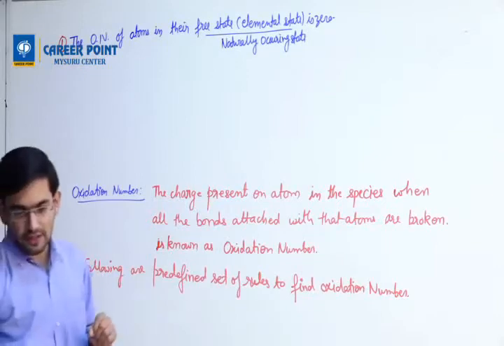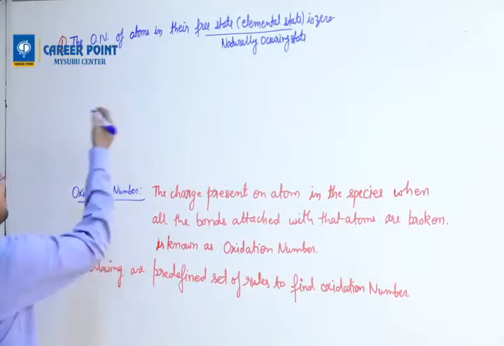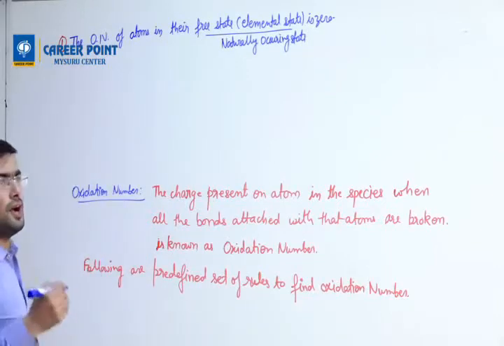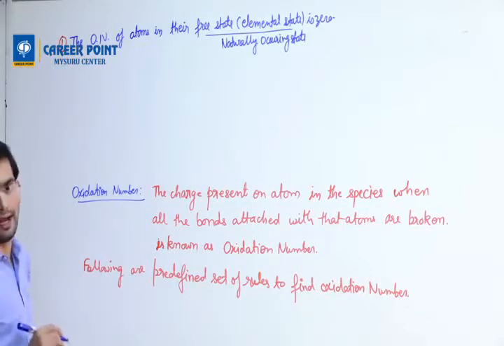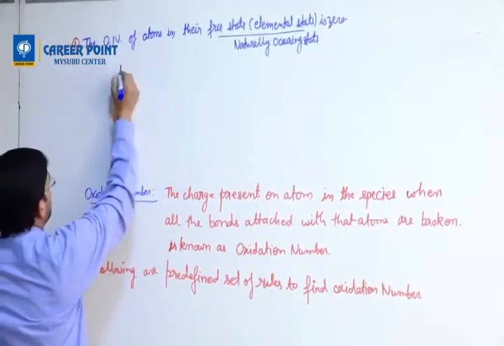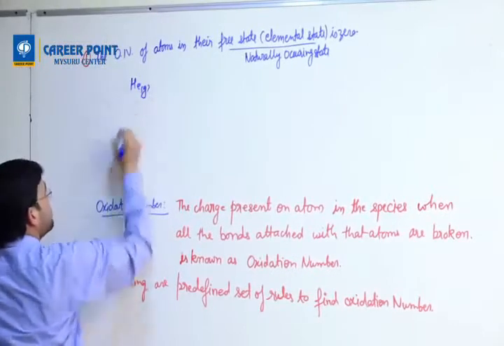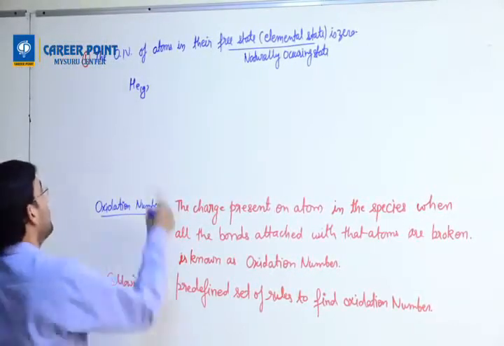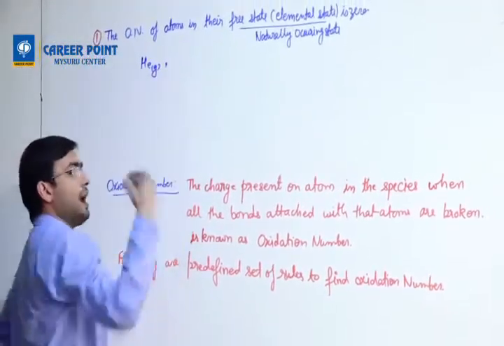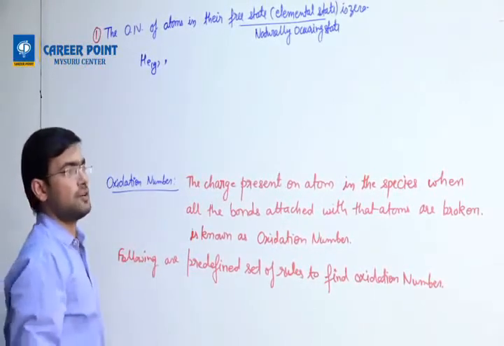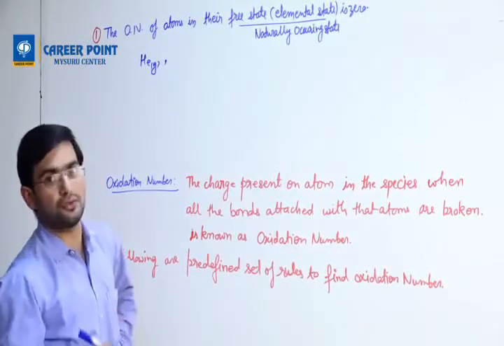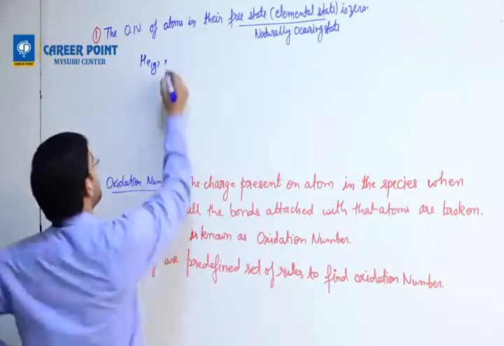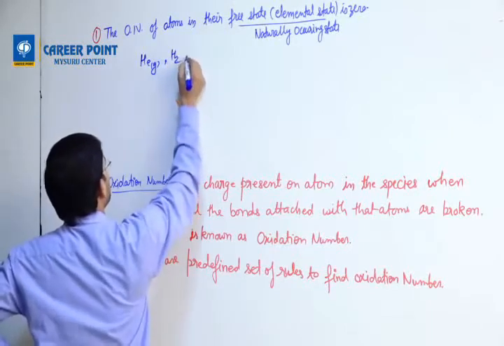For example, let's say you want a helium atom. What is the elemental state of helium? That is He gas. Then a hydrogen atom is present in nature as H2.